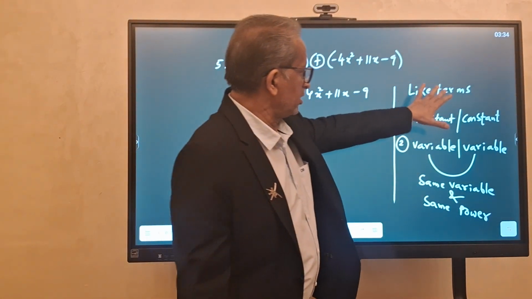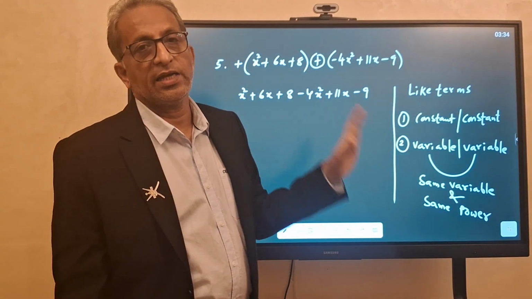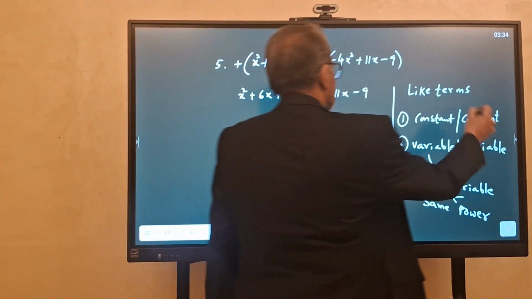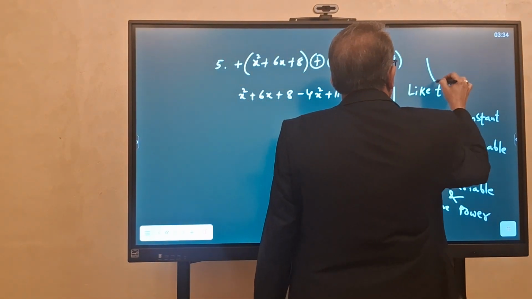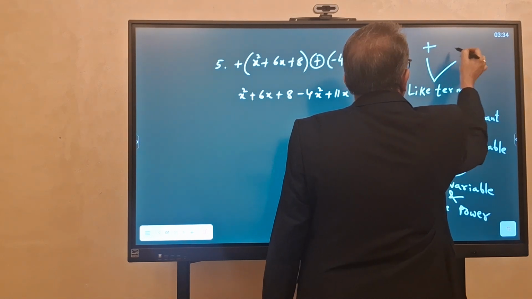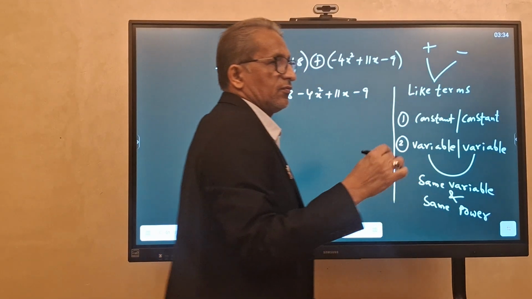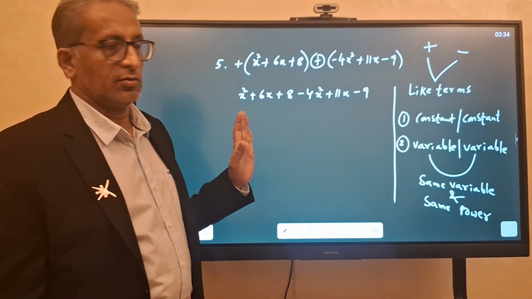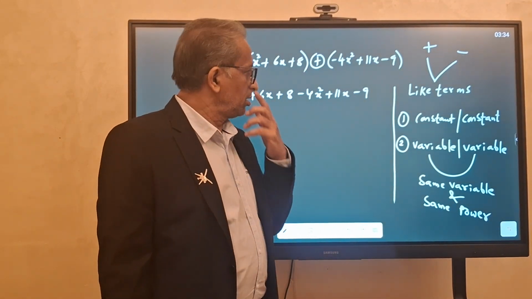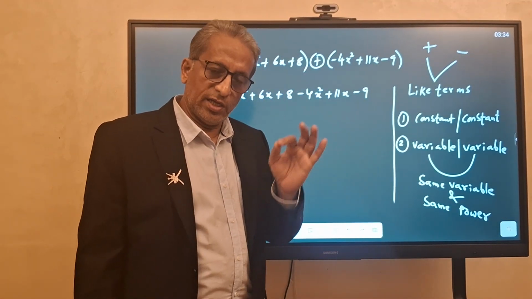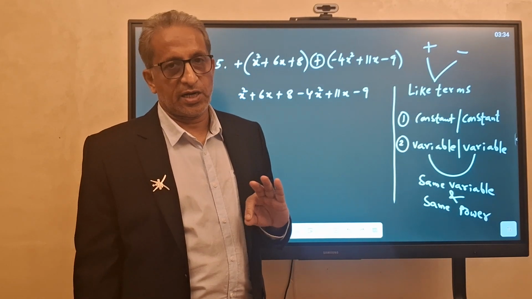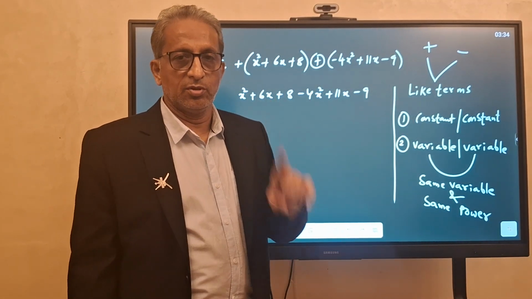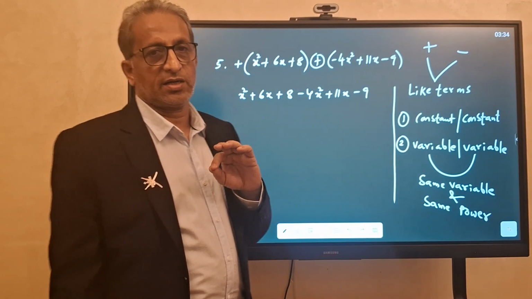So these are called like terms. Why is this important? The reason is that like terms we can add, like terms we can subtract. So that is the reason. What is the meaning of this? Like terms only can be added or subtracted. Means if they are not like terms, don't add and don't subtract.